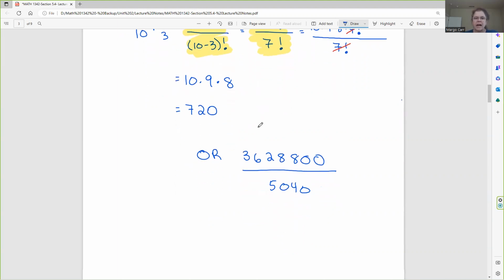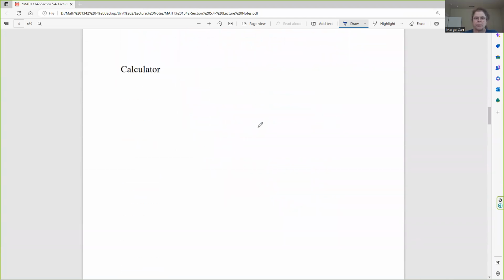Okay, now on the calculator, the way we do it on the calculator is we go 10, we hit that PRB button, and the first thing that comes up is nPr.